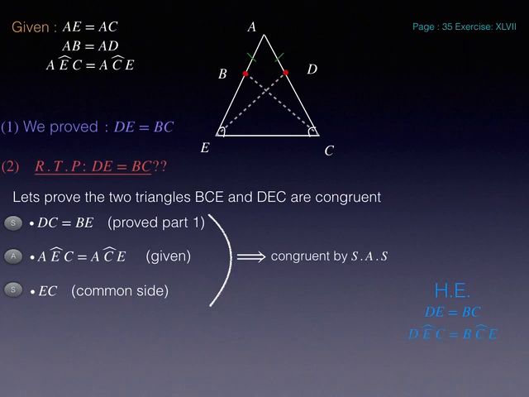Also, we can say that angle DEC is equal to angle BCE, sorry, and the two angles CBE and EDC are equal. So from the homologous or corresponding elements, we can deduce that the two sides DE and BC are equal.